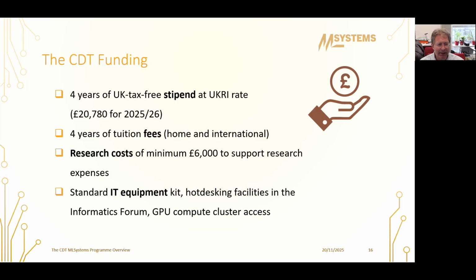It pays for the tuition fees, and it also provides research costs. So that will be £6,000 per student, and that can be topped up if there's a need for specific travel, specific projects, and also standard IT equipment, etc., is provided, as well as GPU, compute access, and other compute access as you need it.